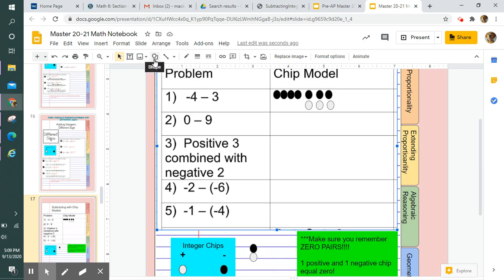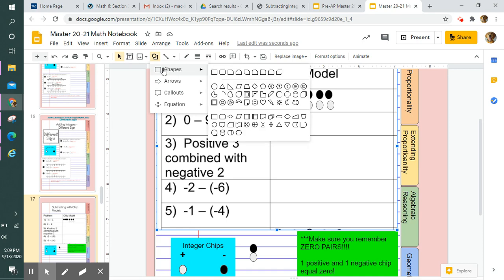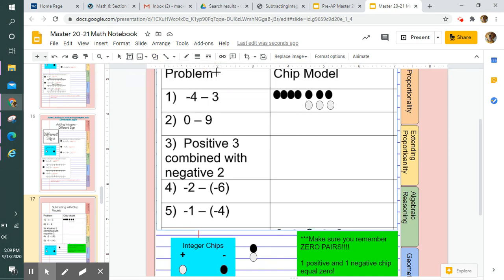Okay, but now if you notice, I have 3 positives that I can take away. So what I want you guys to do is draw a rectangle. Click up here on shapes and click a rectangle, and we're going to put a rectangle around these 3 zeros that we're taking away. Those 3 are going bye-bye. Those are the ones that we took away.